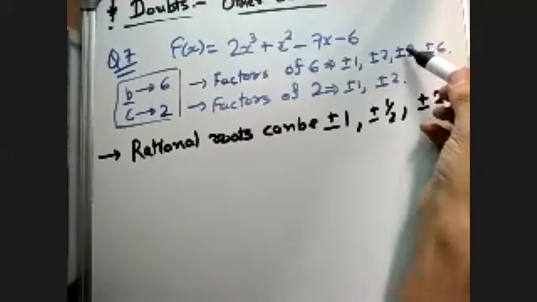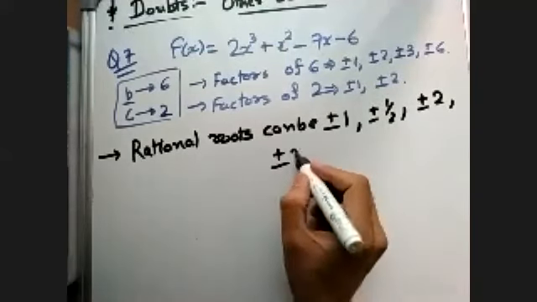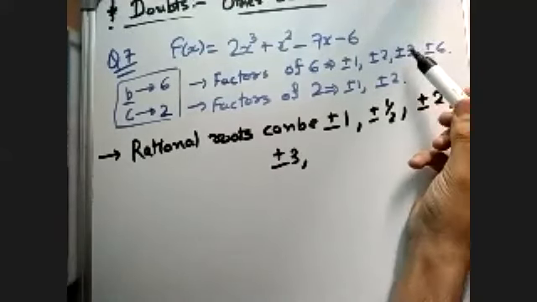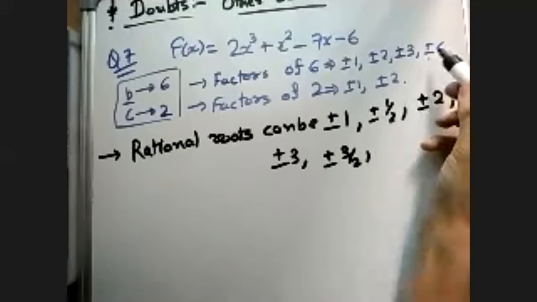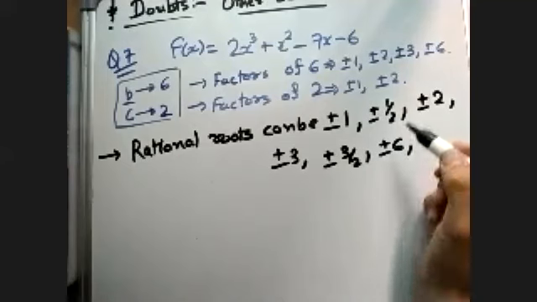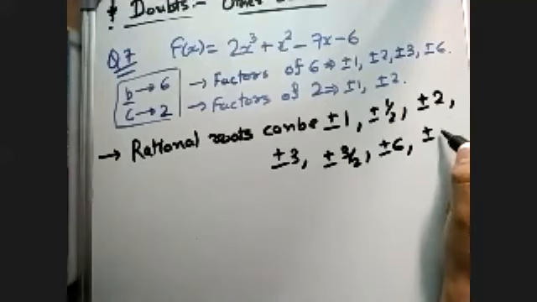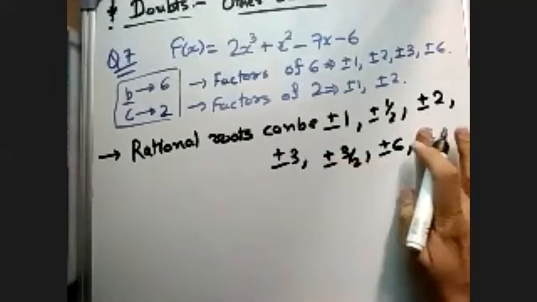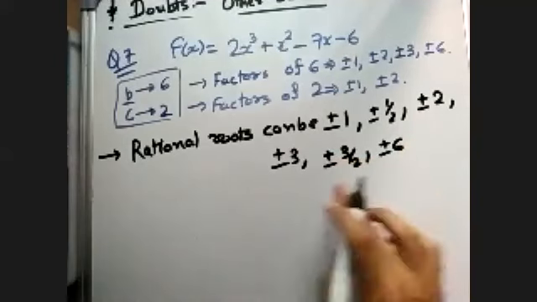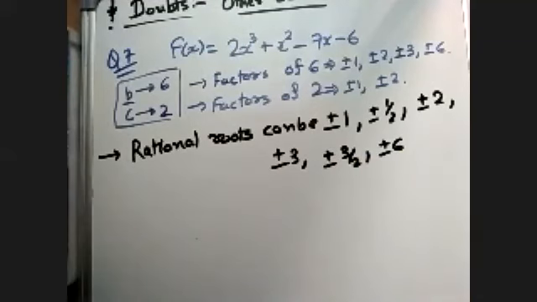Now 3 by 1, plus or minus 3. Now 3 by 2, plus or minus 3 by 2; 6 by 1, plus or minus 6; 6 by 2, plus or minus 3, but it is already here in case of plus or minus 3 by 1. So here we can have plus or minus 1, half, 2, 3, 3 by 2 and 6.